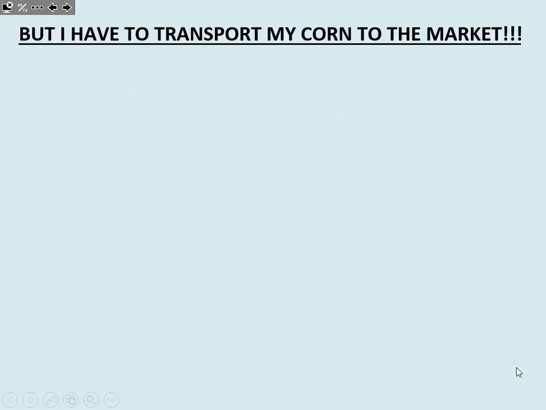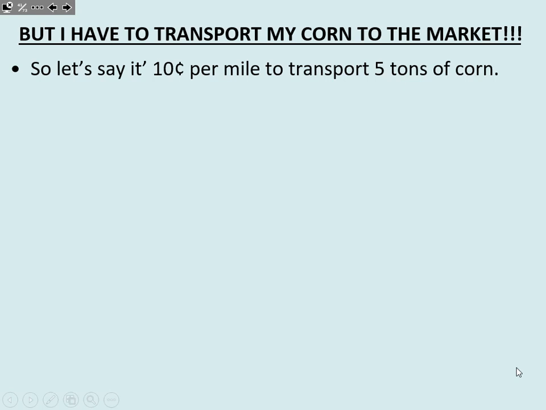But I'm not done, because after I'm on the farm, I then need to transport that corn to the market. Let's say it's 10 cents a mile to transport 5 tons of corn.